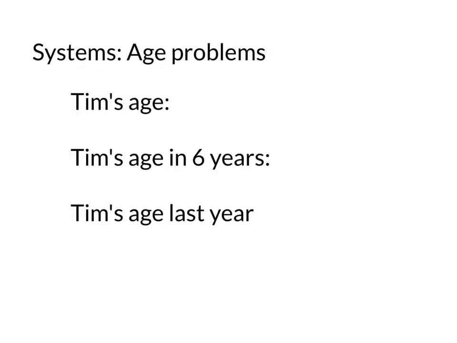Now, again, the biggest key piece of information, or the biggest hint I can give you, is to always let me know what is X, what is Y. For example, if we're doing a problem that talks about Tim's age, I could let Tim's age be X or Y or whatever you want. I'm just going to call it T. Now, in 6 years, how old would Tim be?